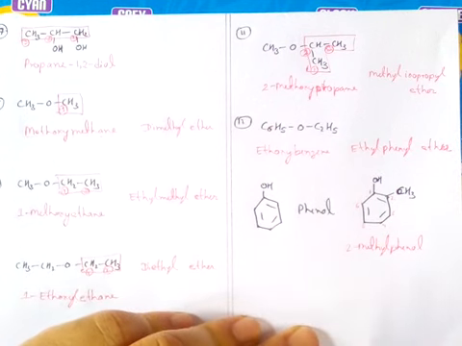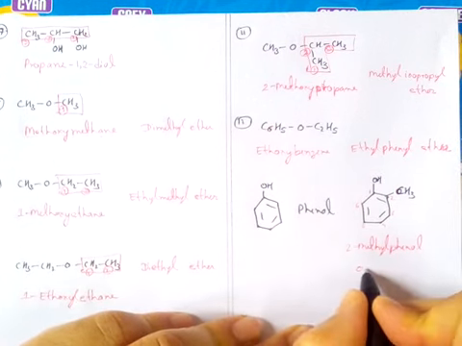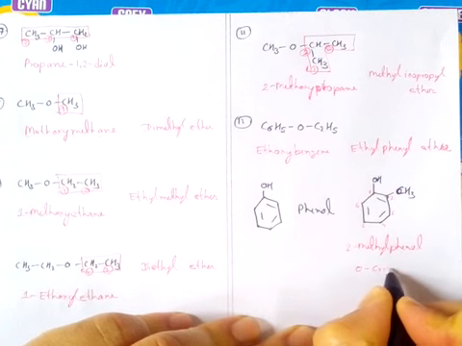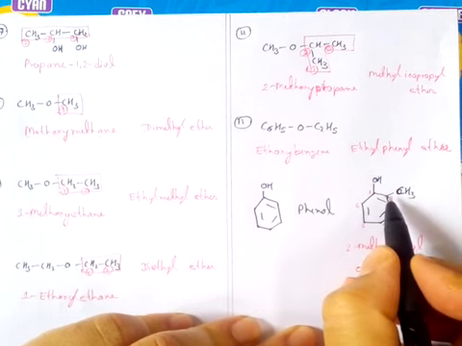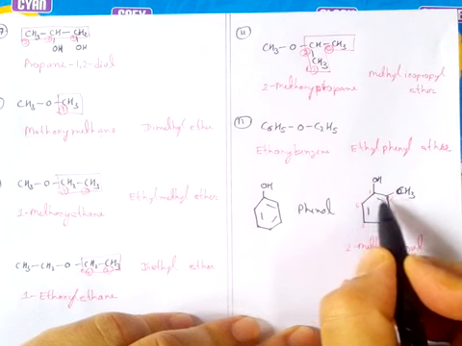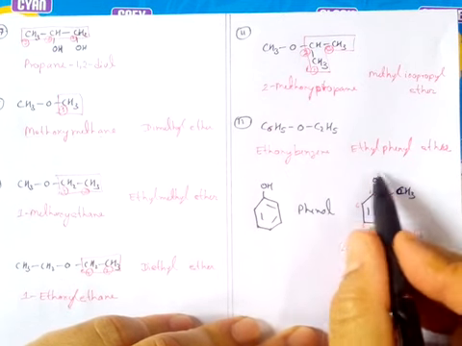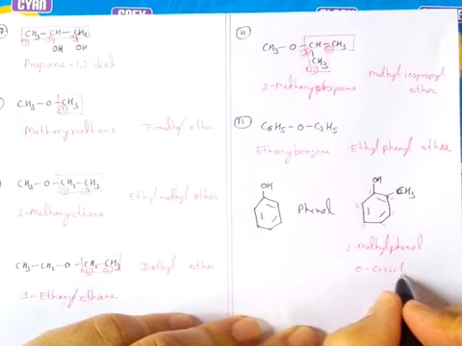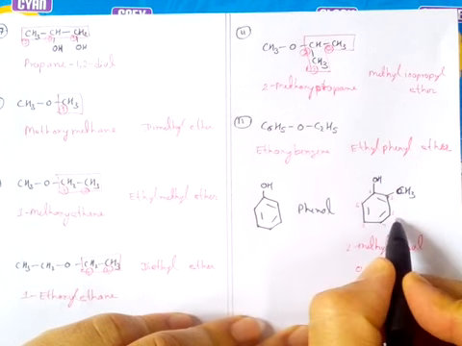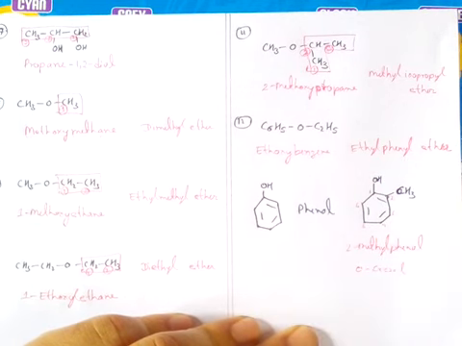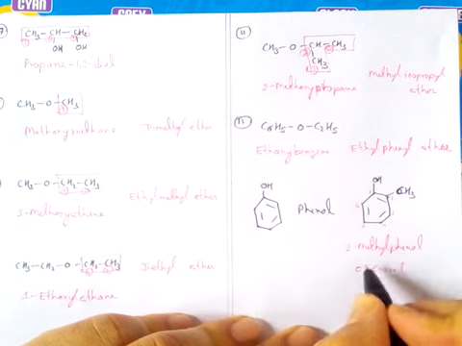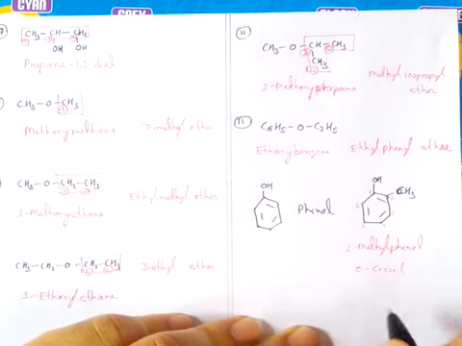But its common name is called orthocresol. This is the ortho position, we know it. These two are ortho, these two are meta, and this is the para position with respect to the OH group. So this is orthocresol. Similarly, if CH3 is here, then we can write it as metacresol. If CH3 is here, then we write it as p-cresol, that is para-cresol.